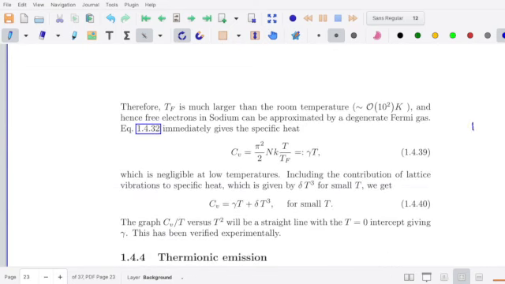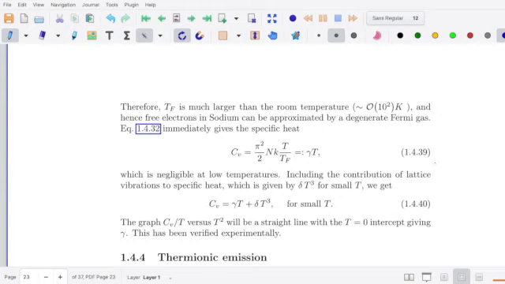So we have T less than Tf. The ordinary temperatures at which we consider the metal are much less than the Fermi temperature of the metal. So we are in the regime of degenerate Fermi gas, and we can use the theory developed for degenerate Fermi gas here.